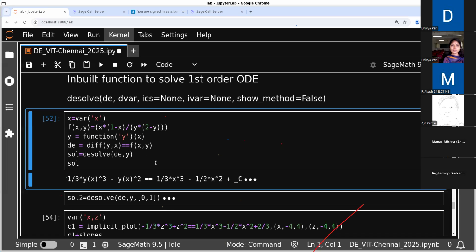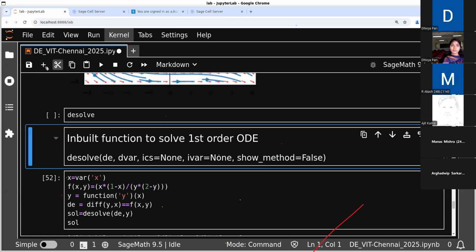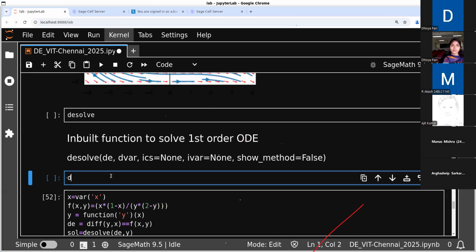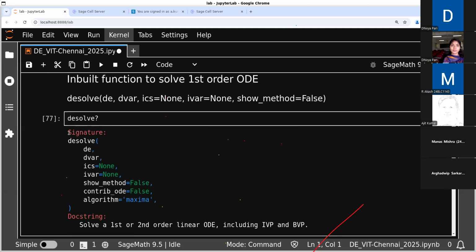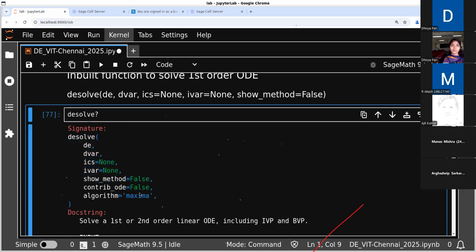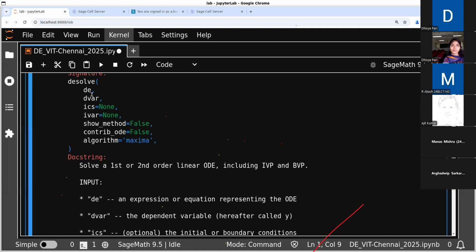So how do we solve this? Of course, what you can do is look at dsolve, and to find the help document in Python, you can just put a question mark and it will give you a description. It says the function is dsolve. You have to give the differential equation, the variables, initial conditions, and independent variables.